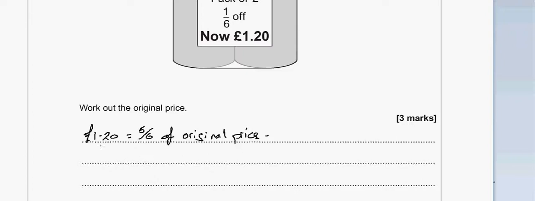Now if this is 5/6 of the original price, if I divide by 5, that'll tell me what 1/6 is.